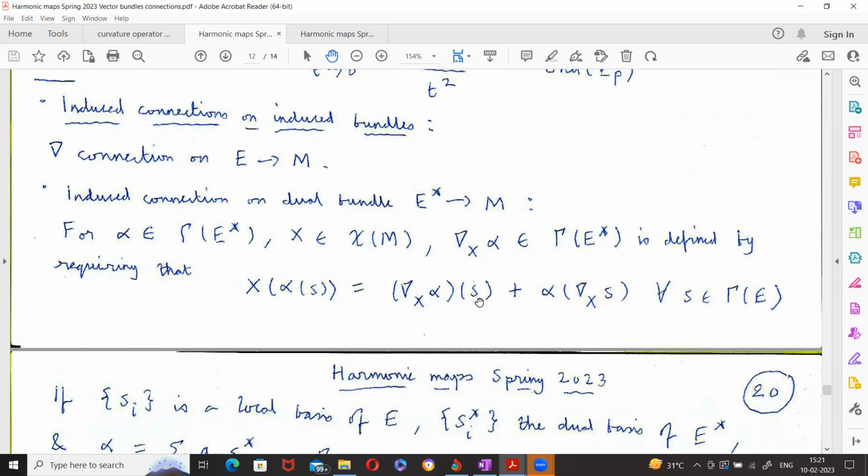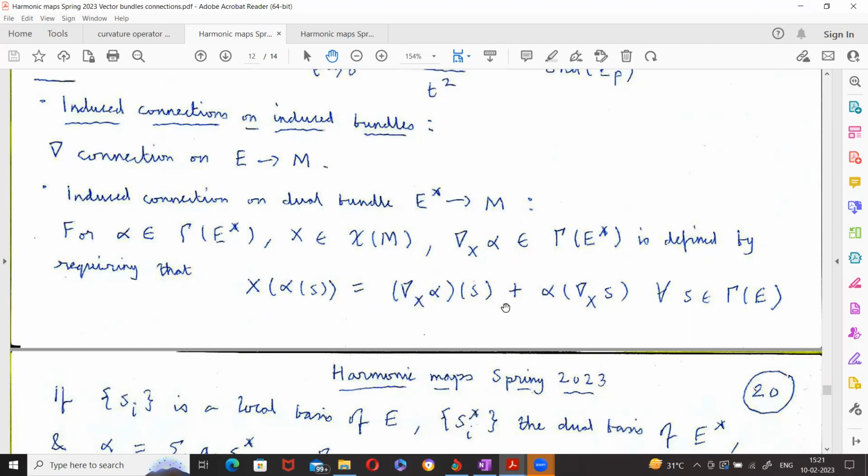And then you apply this to S plus alpha applied to, you differentiate S, nabla X S. Okay. So we need to check that this formula actually defines a connection, right?